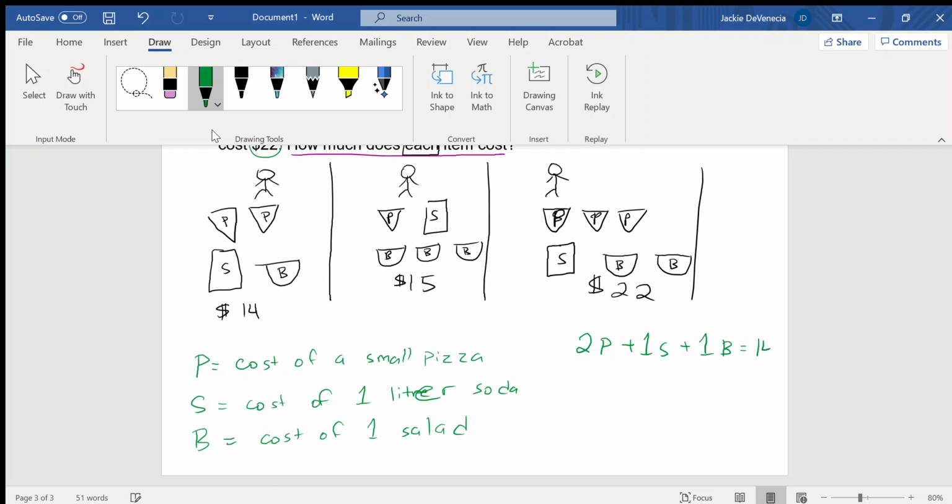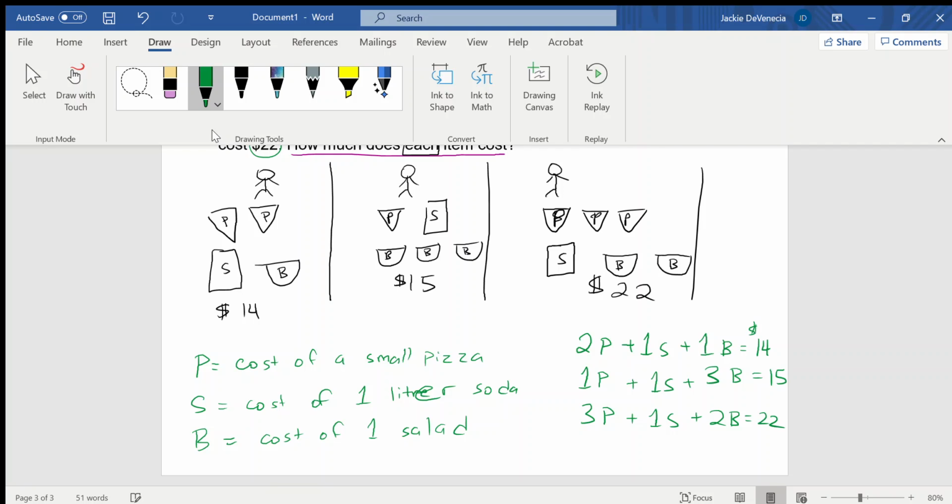And that equals 14. Then over here we have 1 pizza, 1 soda, 3 bowls of salad, that's 15. And then we have 3 pizzas, 1 soda, and 2 salad bowls, that's 22.